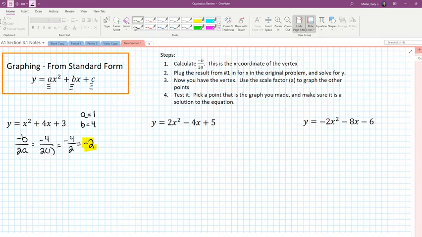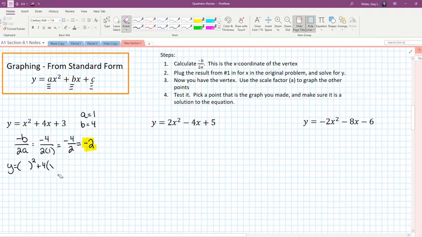Now we need to find our y coordinate. So I'm just going to go back to my problem where it says y equals x squared plus 4x plus 3. Everywhere there's an x, I'm just going to insert negative 2.